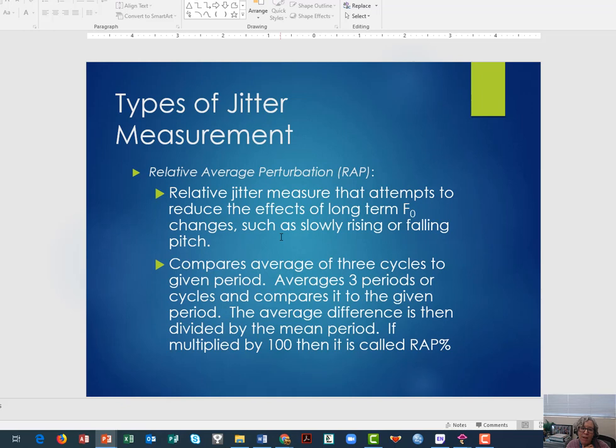It averages 3 periods or cycles and compares that to the given period. The average period difference is then divided by the mean period. Again, if we multiply that by 100, it's called the relative average perturbation percent.